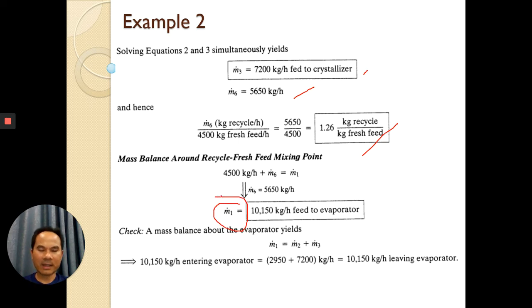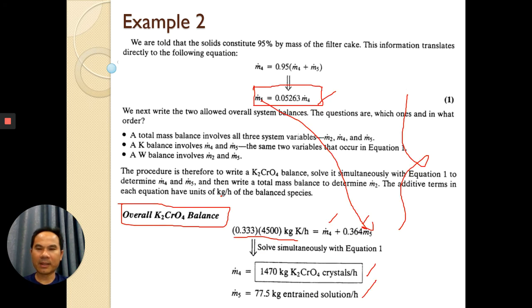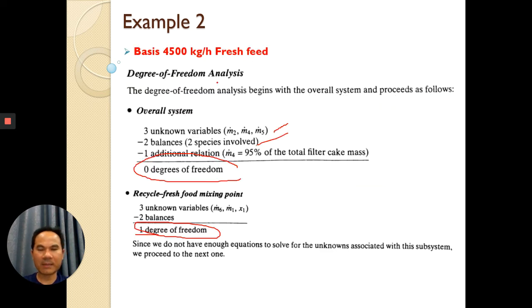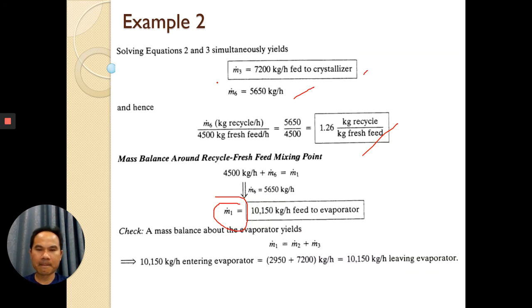You can solve the mixing point. Total mass balance at the mixing point is M6 plus 4,500 equals M1. You know M6, you can calculate M1 already.